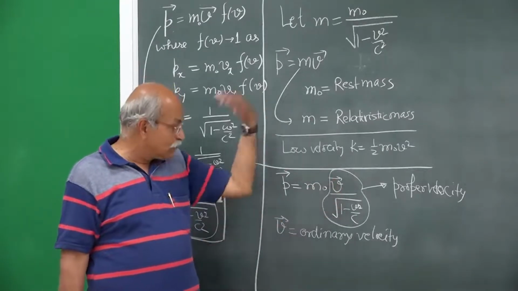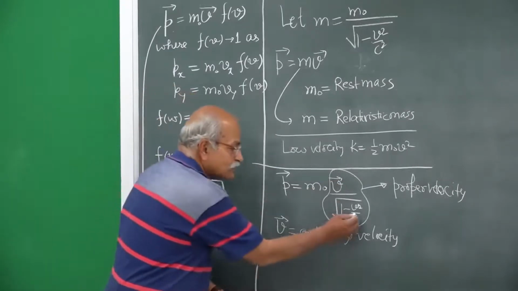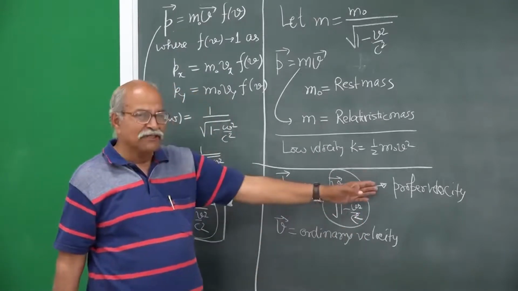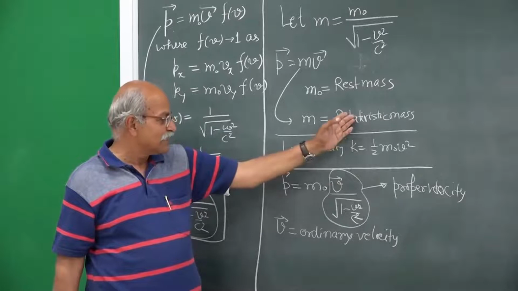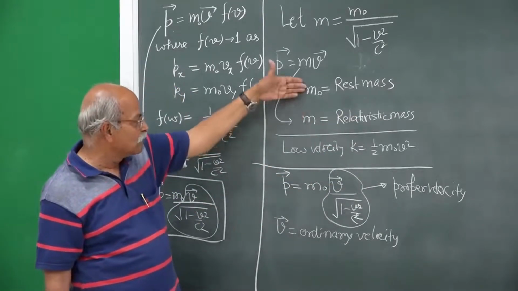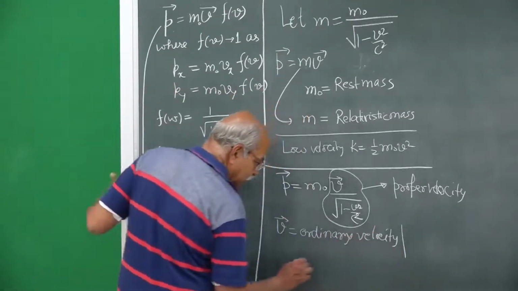But then we define another kind of velocity, v divided by square root of 1 minus v square by c square, and give it a different name, proper velocity, and a different symbol also, let us call it eta.